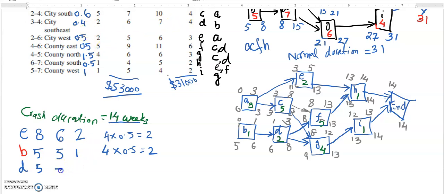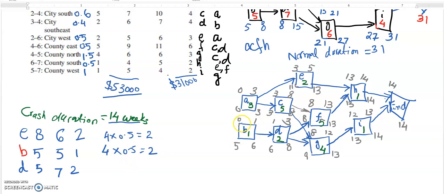Okay, 7 to 2. That means we have compressed it by 5 days, and its compression costs $0.4 increase. But remember that we have used activity B because it gives us more savings, 0.5 against 0.4.